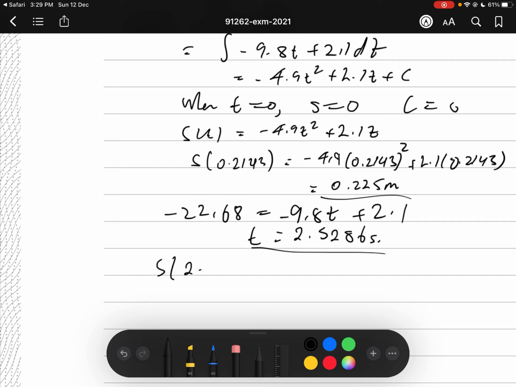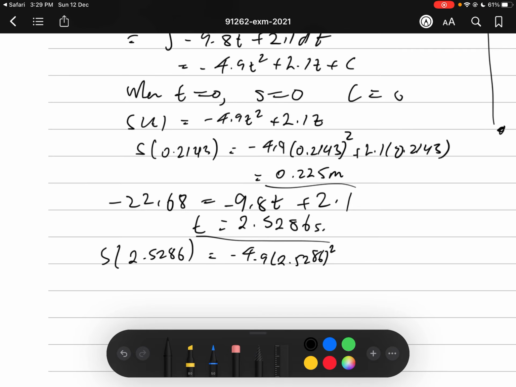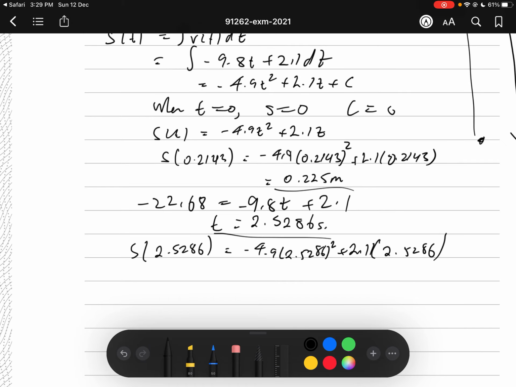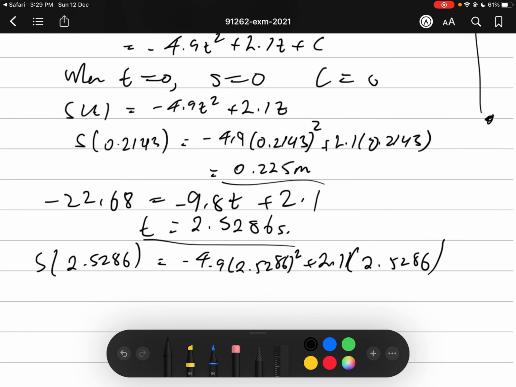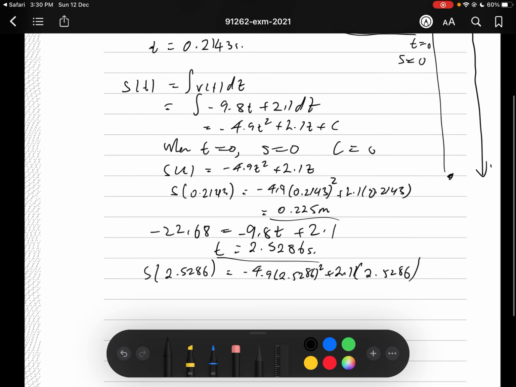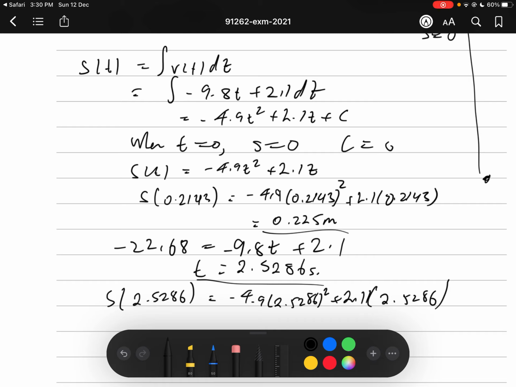All we need to do is substitute this point into our s of t equation. So s of 2.5286 is equal to negative 4.9 times 2.5286 squared plus 2.1 times 2.5286.